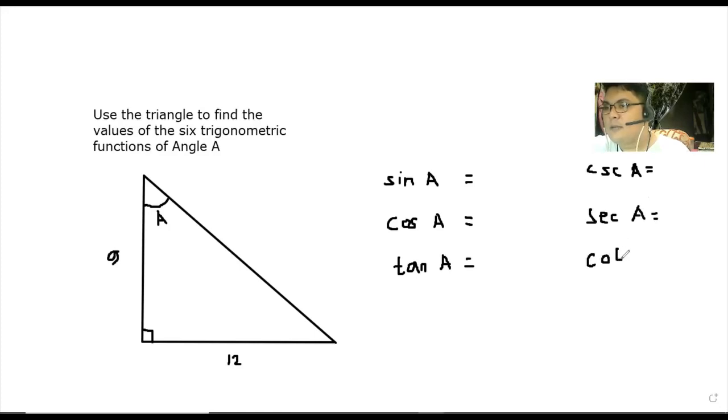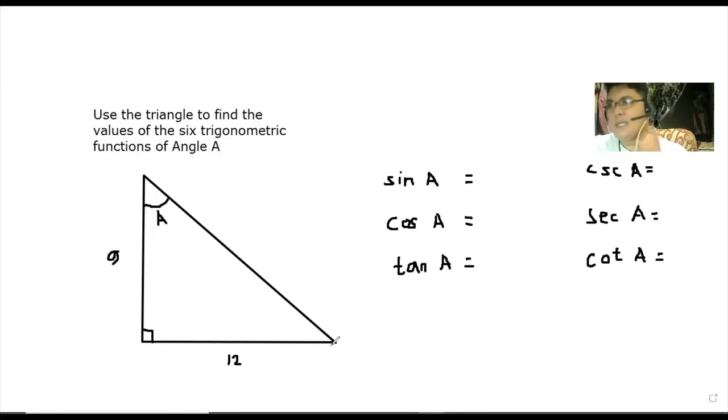Inverse lang siya nung una. Parang inverse. Inverse talaga siya. Okay. Yan. So, of course, mga given side natin is this side of your triangle, ang kanyang measure is 9, this one is 12.